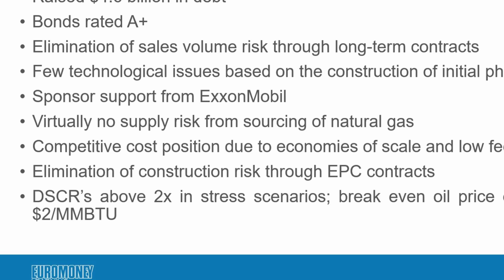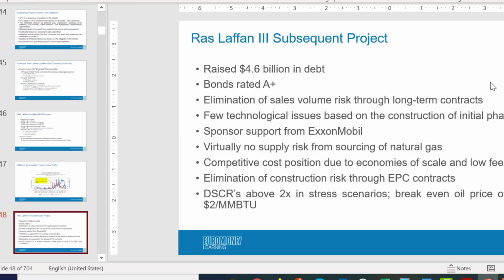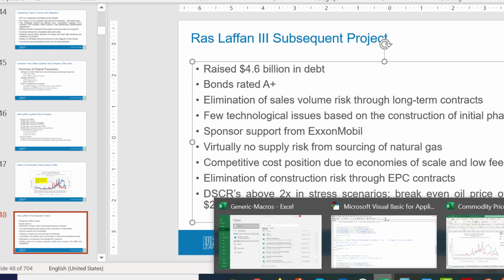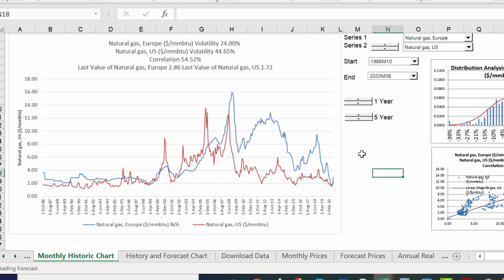That's the DSCR. It's how much your cash is above the amount you have to pay the bank. It was twice as much. You had twice as much cash as you had to pay back the bank, even in downside scenarios. And then you can say, well, how low can the price of oil go before this gets to be one? And they said, well, the price of oil can get all the way down to 11, because it's so cheap to get the gas out of the Gulf.